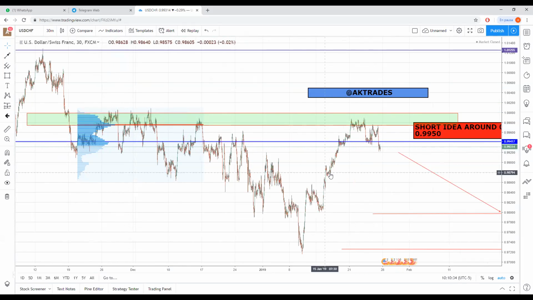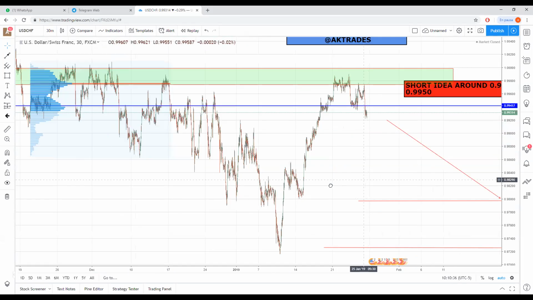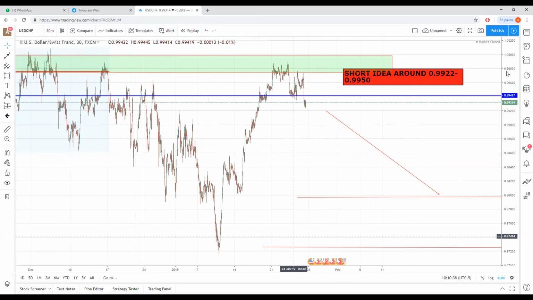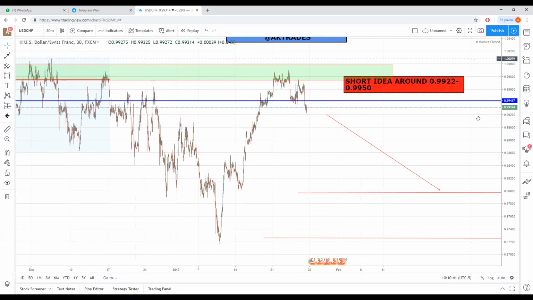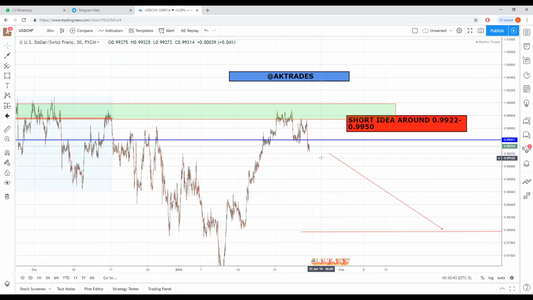So what is my advice for this trade? We can short this trade, we can put a sell stop order around 99,198, or you can wait for a pullback either to this blue line that is around 99,417, or a bigger pullback around this area again, 99,72.